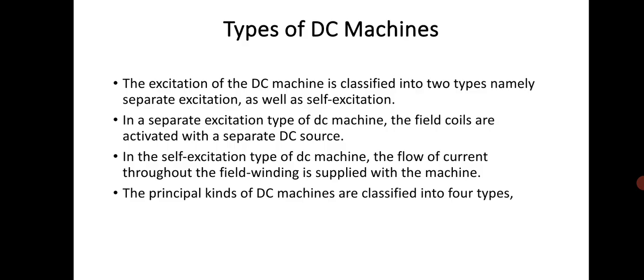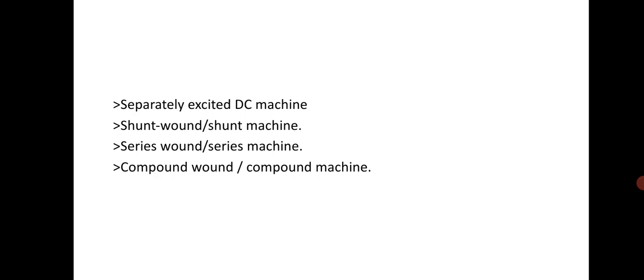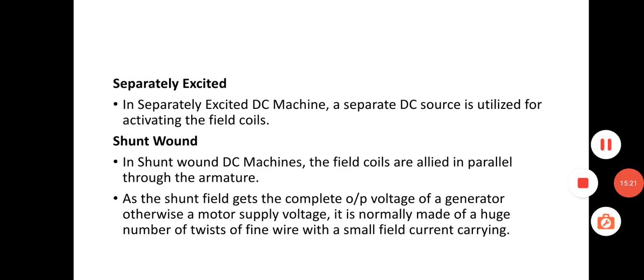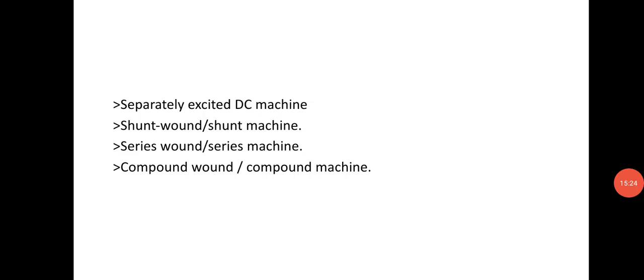If it is a self-excited type of DC machine, the current flowing through the field winding is supplied by the machine itself. Actually DC machines are classified into four types: separately excited DC machine, shunt wound or shunt machine, series wound or series machine, and compound wound or compound machine.